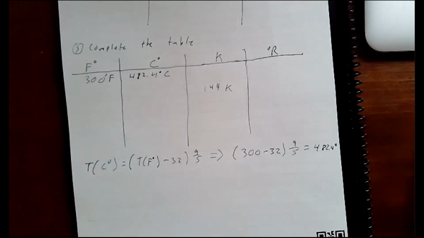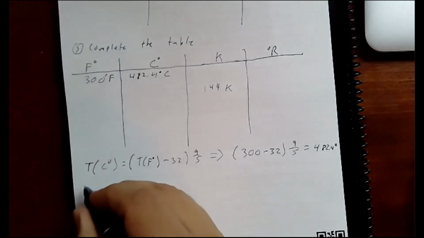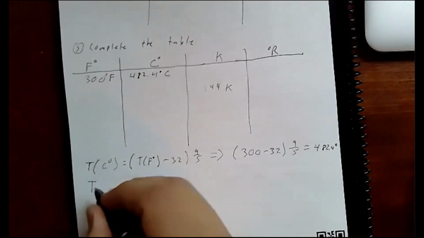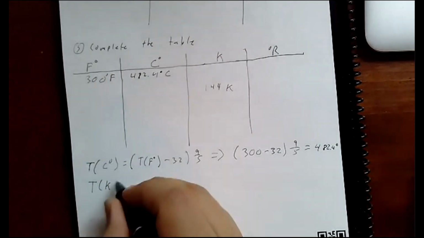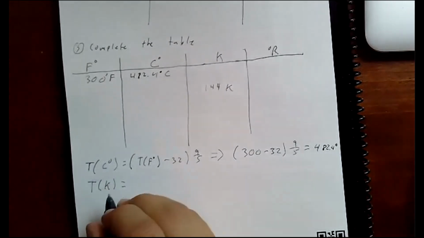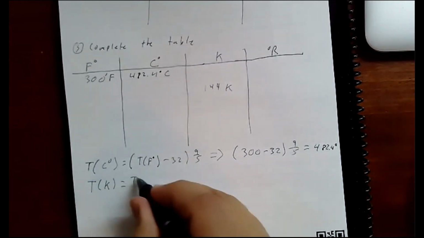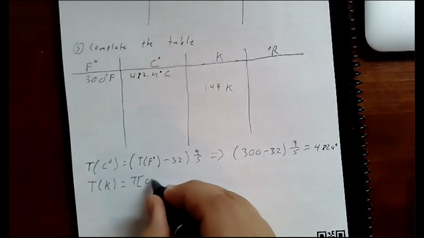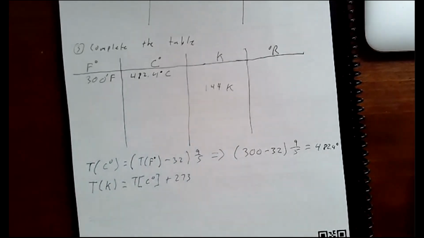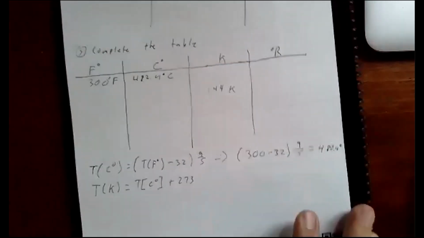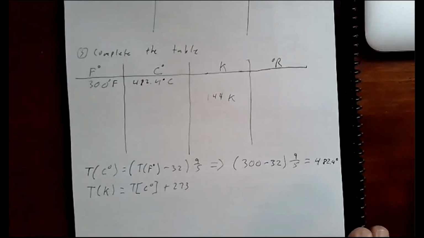Now, to get to Kelvin, we can use this formula. For temperature in Kelvin, all you have to do is take the Celsius and add 273. Make sure I'm still on the camera here.